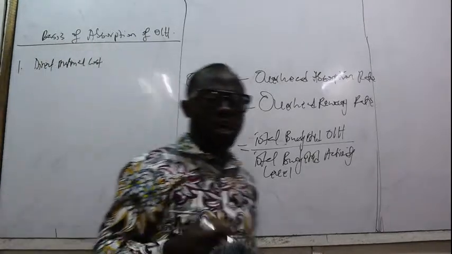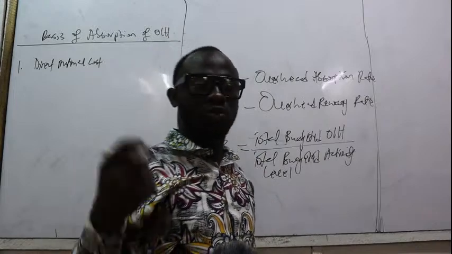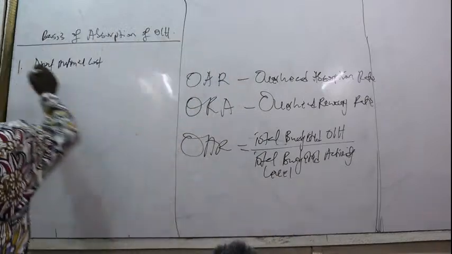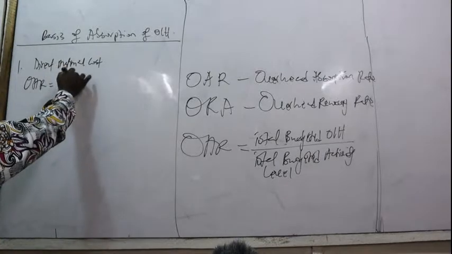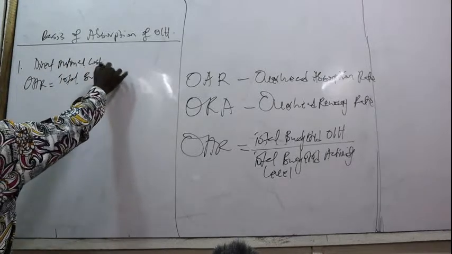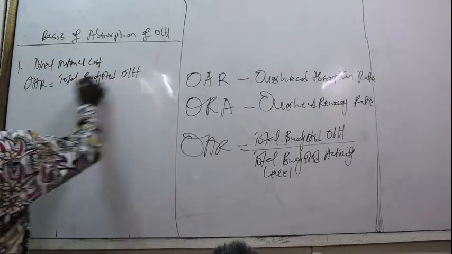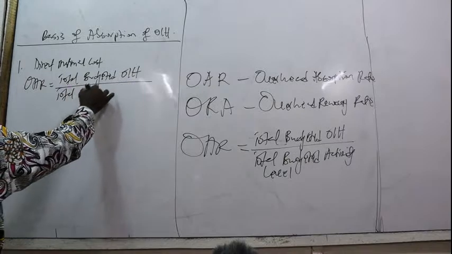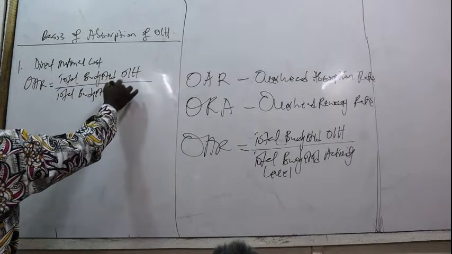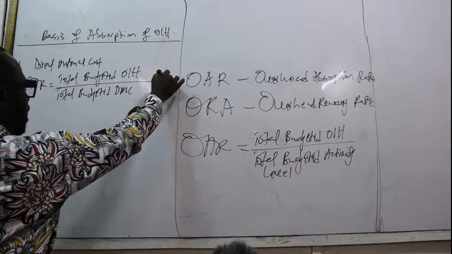So if we are absorbing overheads using the direct material cost, what does that mean? It means that our overhead absorption rate is going to be equal to the total budgeted overheads divided by total budgeted direct material cost times 100.